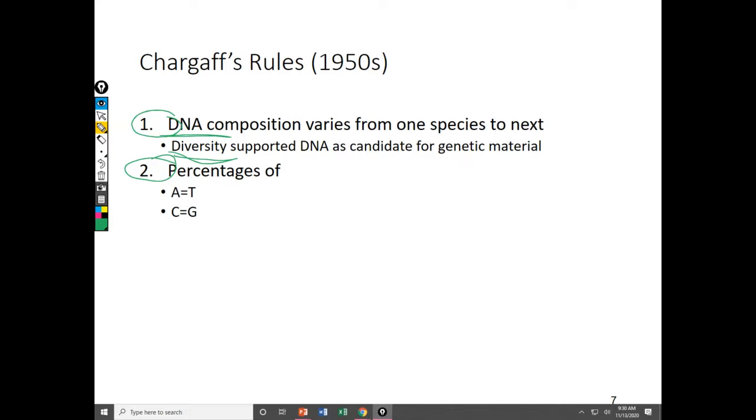But we knew there had to be some realistic association now, that if you had 10% A, there was another 10% that was also your T's. So we finally figured out that these came in equal sets. We didn't know why, but it seems super important.